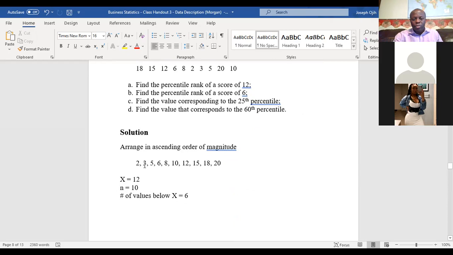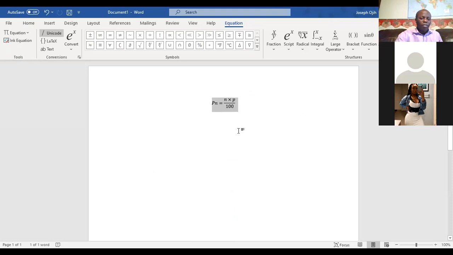So percentile rank equals 6 plus 0.5, which is part of the formula, divided by 10, times 100%.